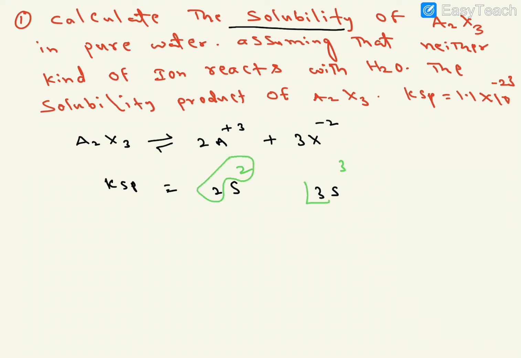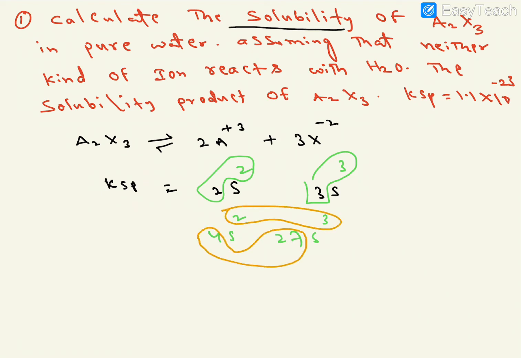Already I said we are doing the square multiplication here. So 2 into 2 here gives 4s², and here 3 cubed is 27, and s³.